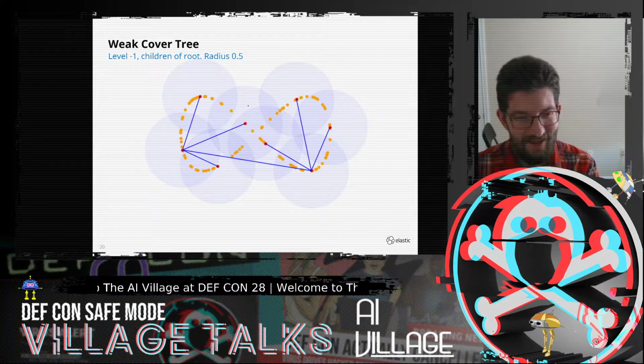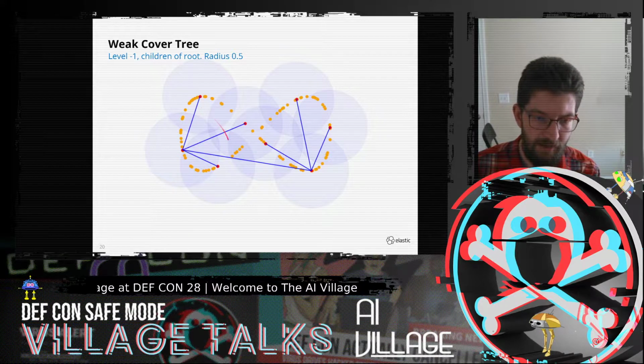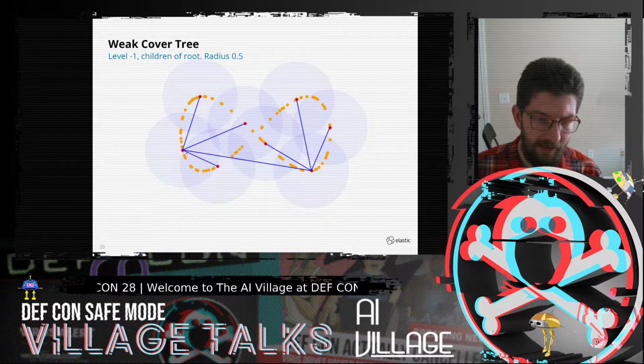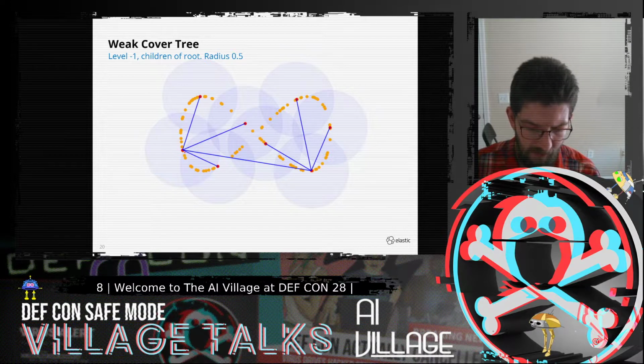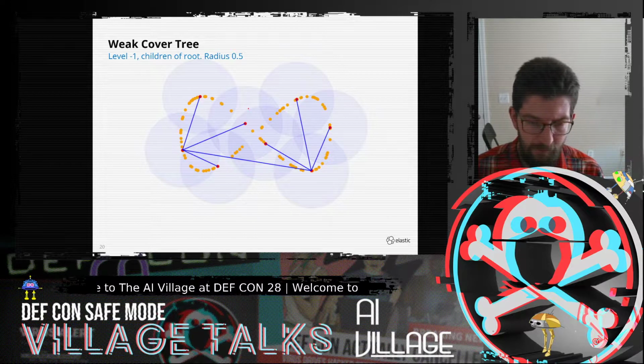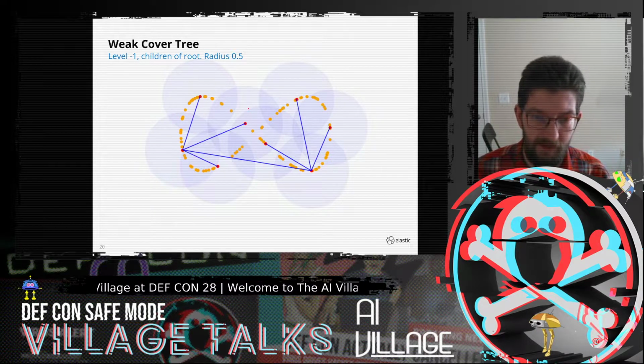And so you can kind of tell that this is already giving you some information about my data. The number of children a point has is related to the local structure of your data. It's really important to pay attention to the local dimensionality, and this is a very cheap way of calculating it.